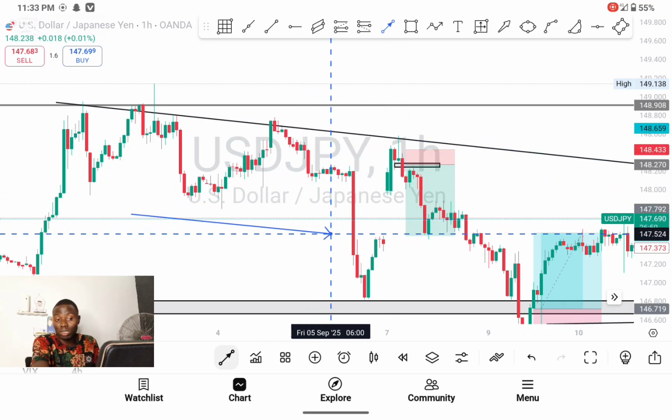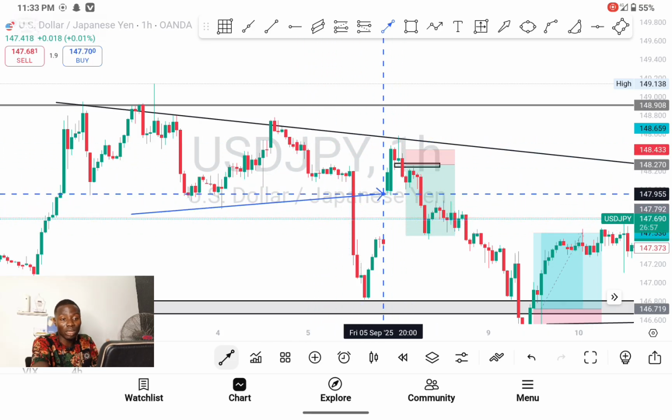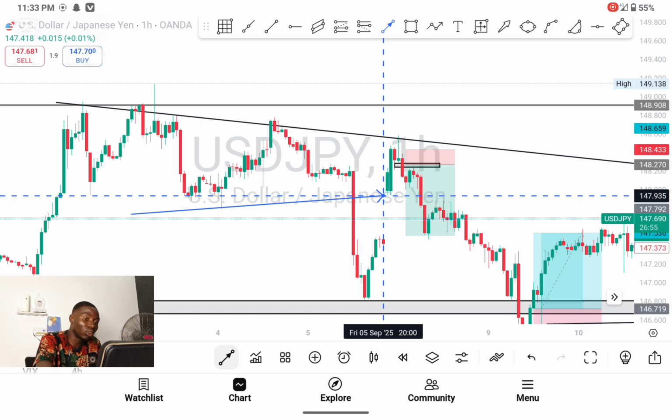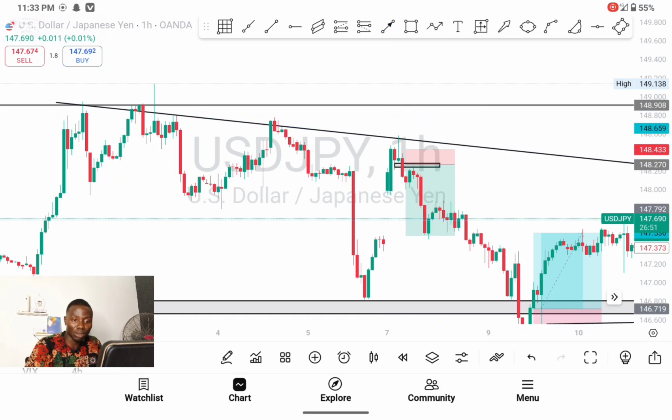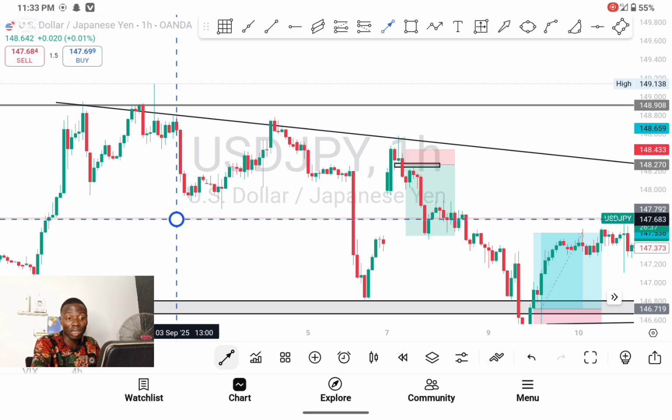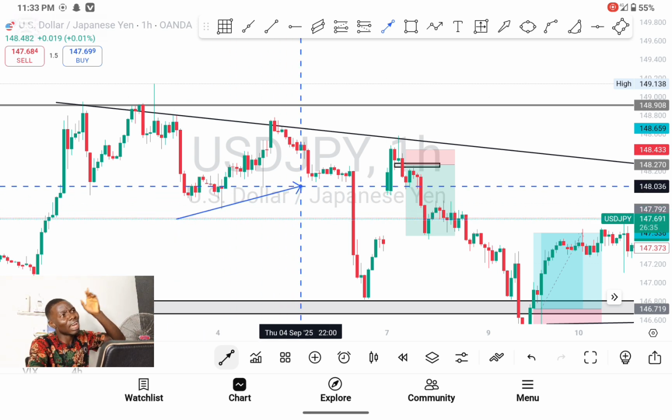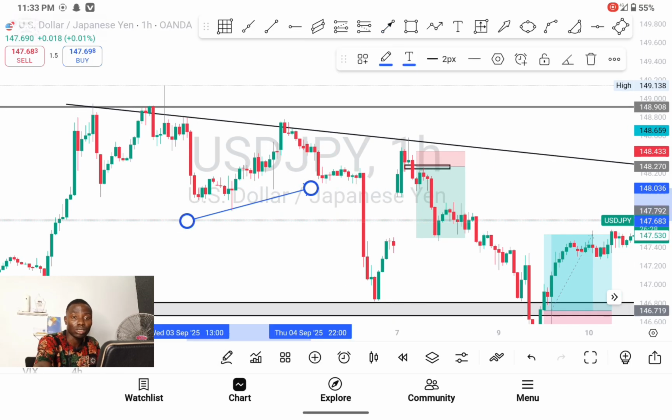But I have studied so much that I know when I am supposed to enter and when I am not supposed to enter. So what did I do when I saw this gap immediately? Remember, before I entered this trade, I was already in for a buy on USDJPY to trade the correction of the news that happened last week, or the week before, Friday.